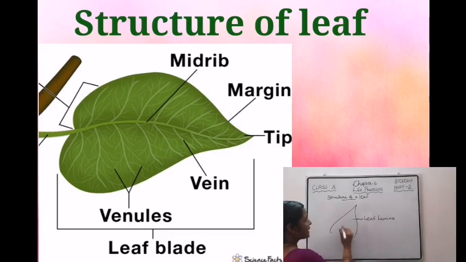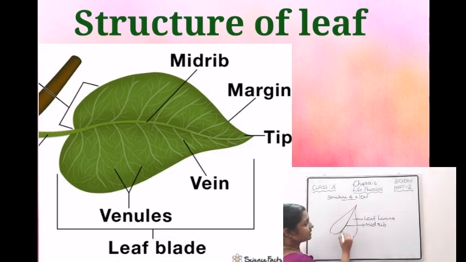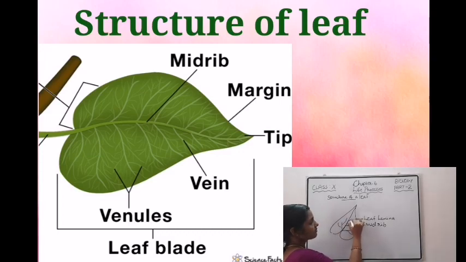In the mid region you can see there is a midrib or main vein. And from this main vein you can see that a large number of other smaller veins are present, numerous smaller veins arising from this midrib region.